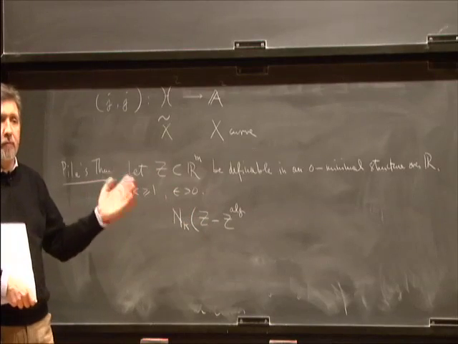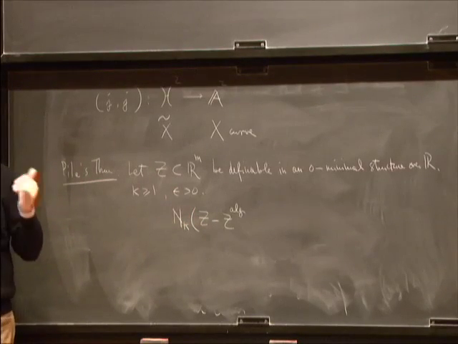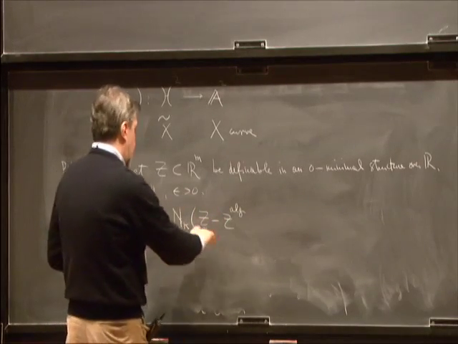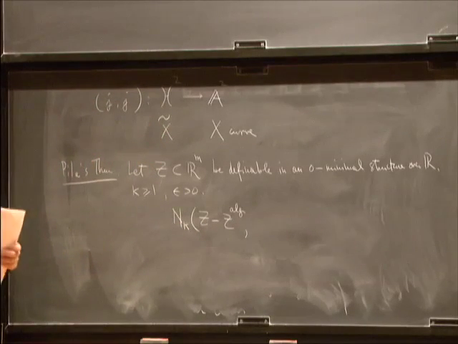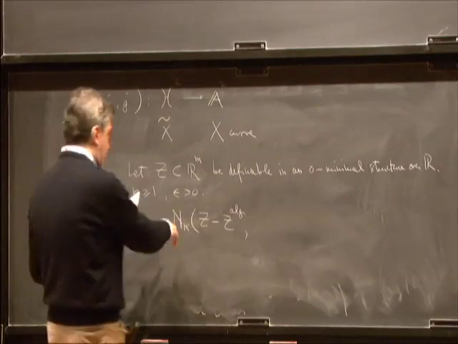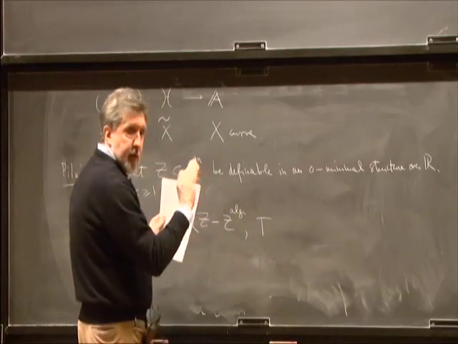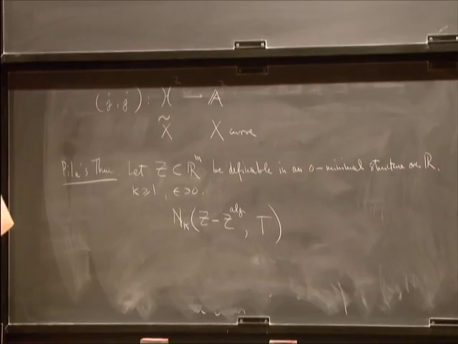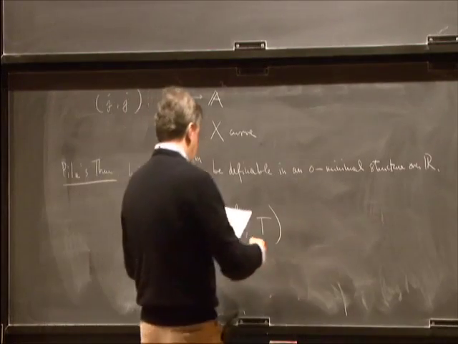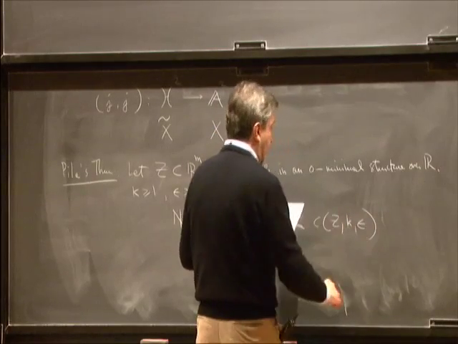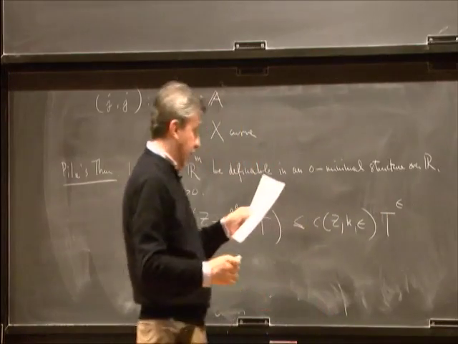So I must remove from Z the union of connected semi-algebraic subsets of positive dimension. And we count things here, but this nk refers to the degree of the algebraic points that we want to estimate. This k refers to the degree and is fixed, whereas t is the height, and we may take, for instance, the maximum of the absolute values of the conjugates and of a denominator. And so this is bounded by a number depending on Z, on k, and on epsilon, but not on t, times t to the epsilon.